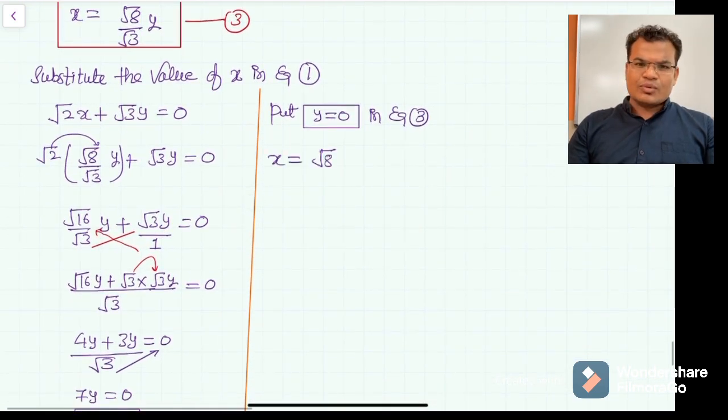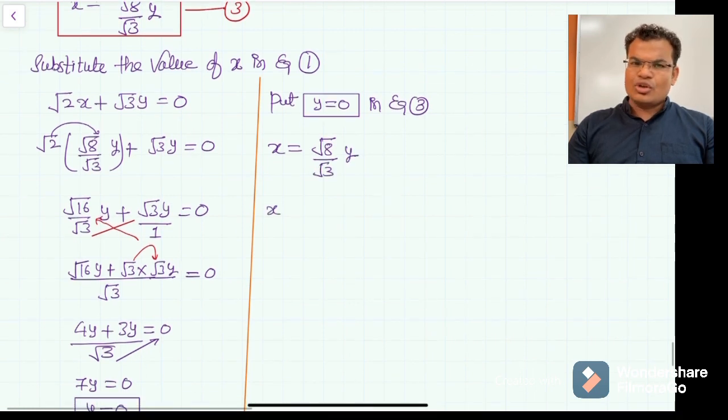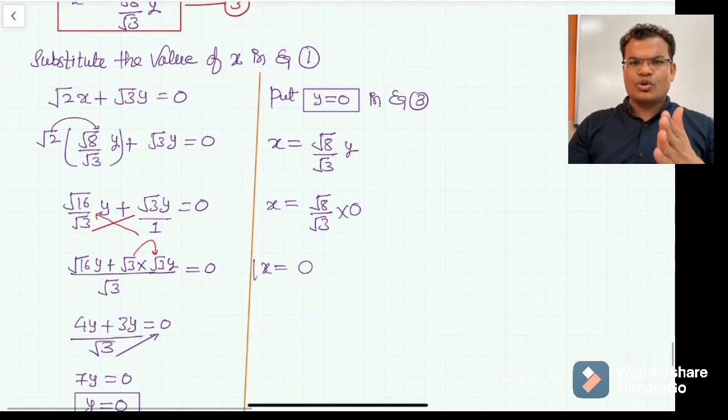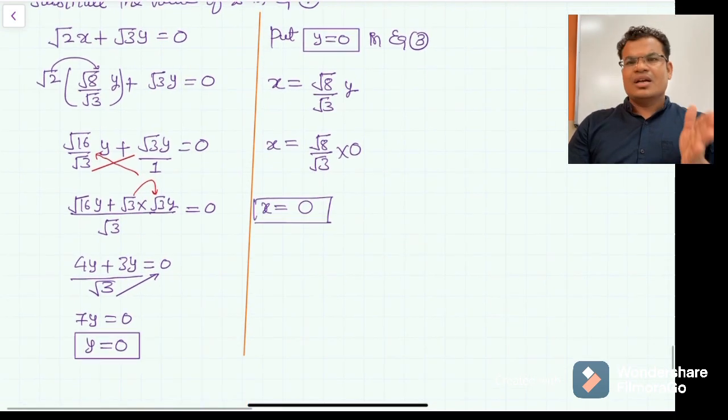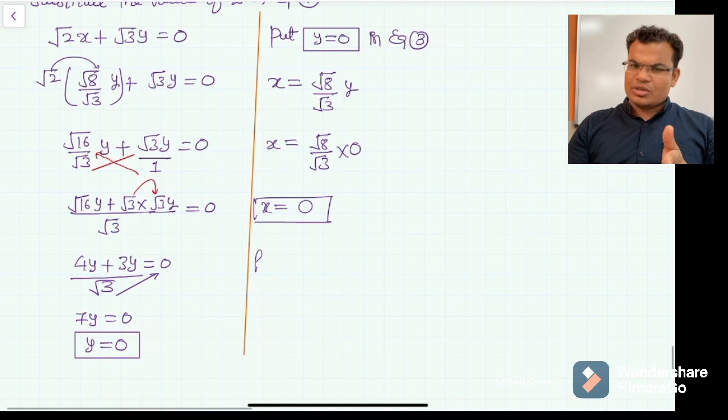So x equal to root 8 by root 3 into y, and y is 0, so root 8 upon root 3 into 0 is 0, because something into 0 is 0. So by this way we are getting the same values as x is 0 and y is 0.